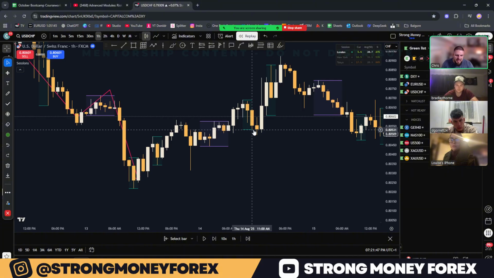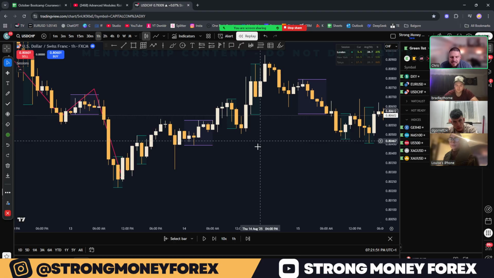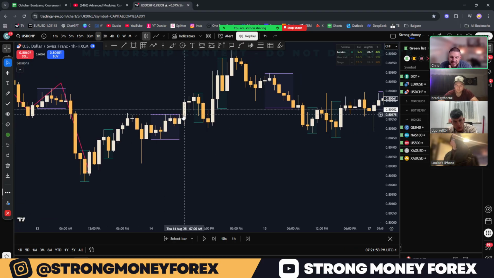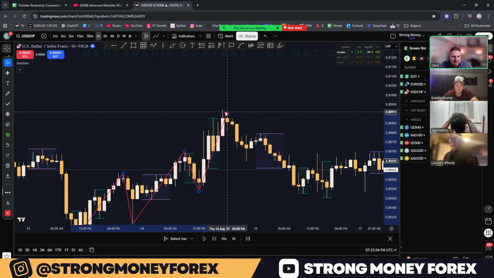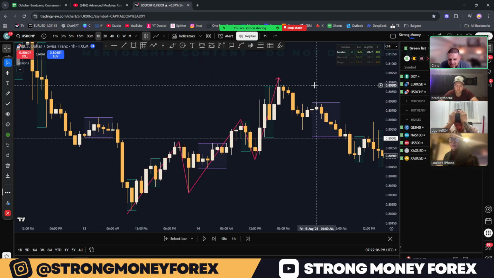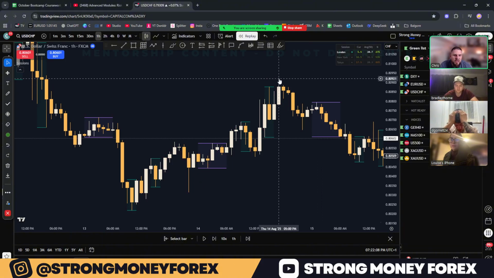So when it becomes quite confusing to look at like this, if I was looking at this section of price and I can't clearly see that this is really clear and obvious hourly structure, what I'd be doing instead is going down to my 15 minute.